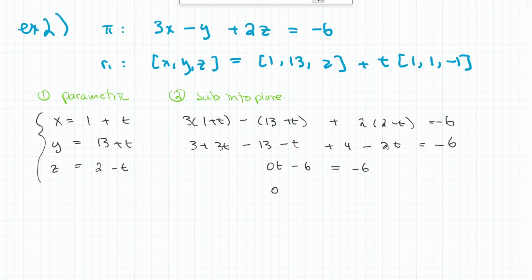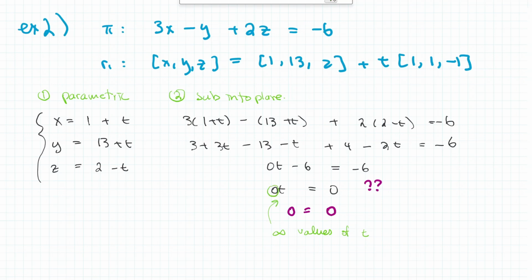So we have that 0t equals 0. What does that mean? That's kind of like a 0 equals 0 situation. And if you've seen in my previous videos, whenever we get this, that means that there's going to be infinite values of t. So if 0t equals 0, that means that t can be absolutely anything, right? Because this 0 in front of it is going to make this equation true.